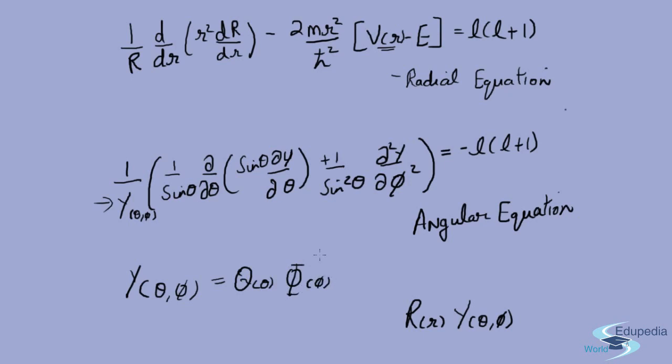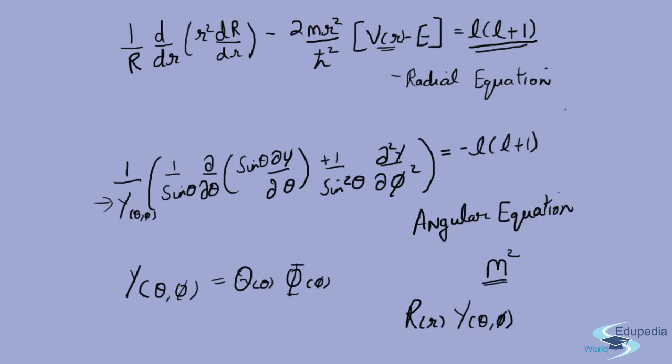And I won't go once again into the details, but we'll put this inside this equation, and we'll get once again two separate LHS and RHS, one depending only on theta, the other depending only on phi. So both of them will have to be equal to a constant, and just like we took the constant to be L into L plus 1, here we'll take the constant to be m squared. Once again, this is because somebody has previously done it by taking it A and B, and we discovered that this is what makes it mathematically convenient.